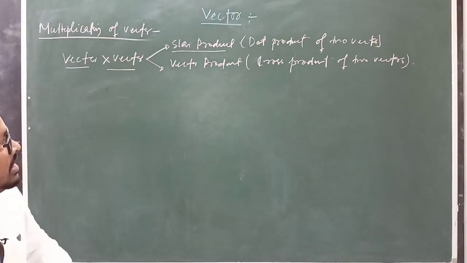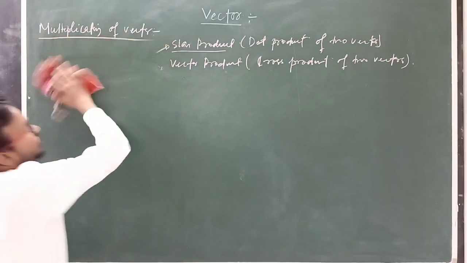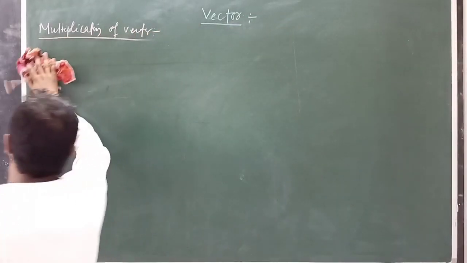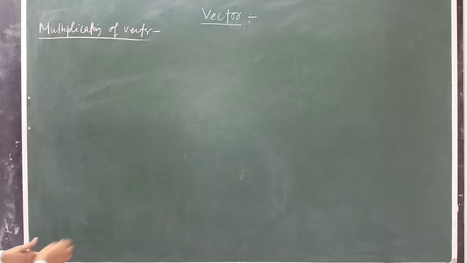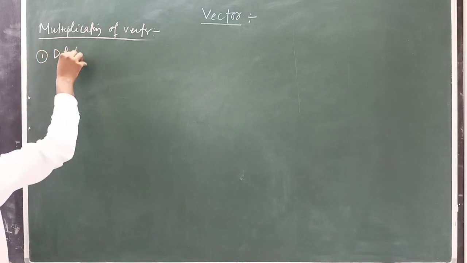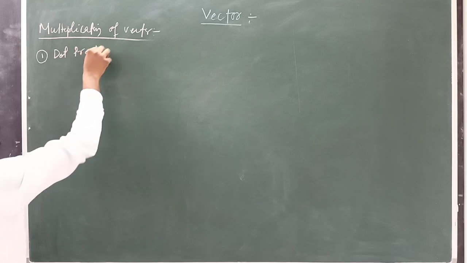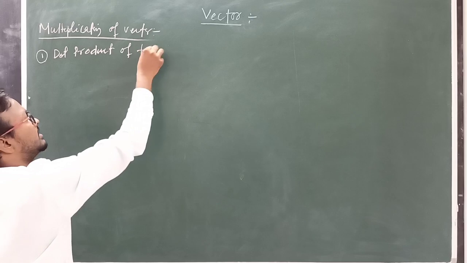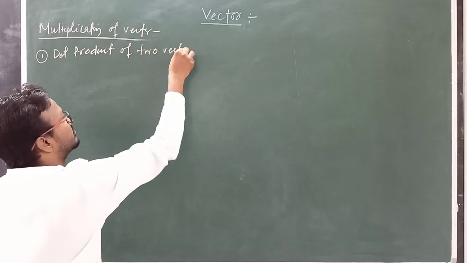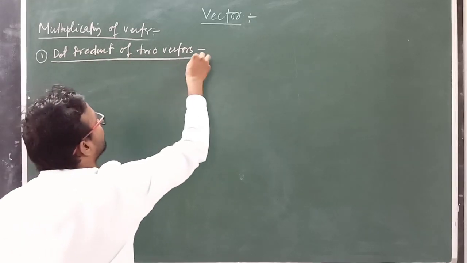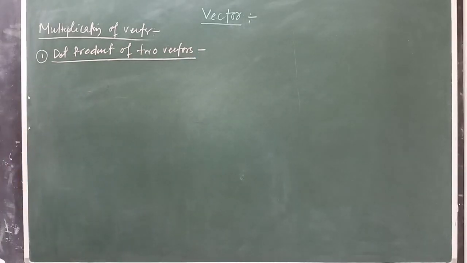So now let's start the scalar product of two vectors, or dot product of two vectors. So in this case, what is the dot product of two vectors?